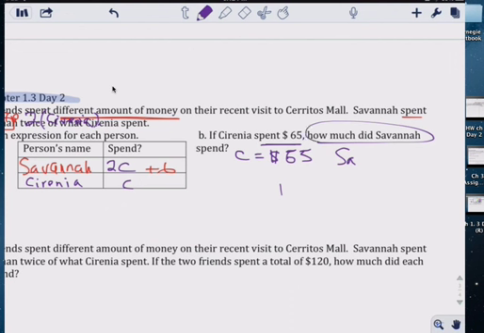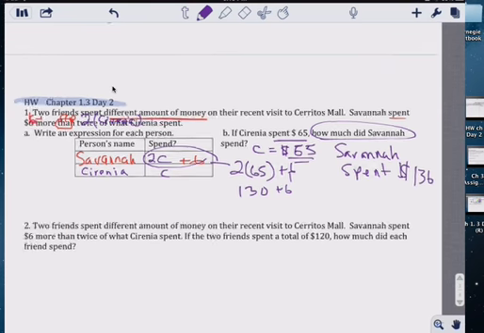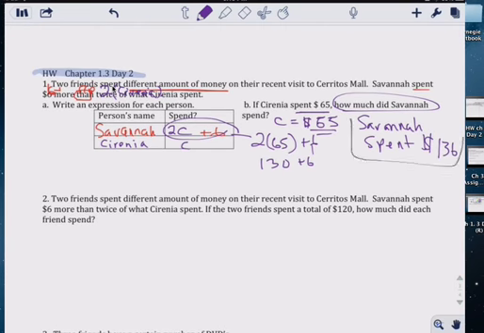Serenia is 65, Savannah is twice plus 6, so 2 times C. Twice Serenia is 65 times 2, that's 130, plus 6, so Savannah spent $136 at the mall. That's how we got our answer.